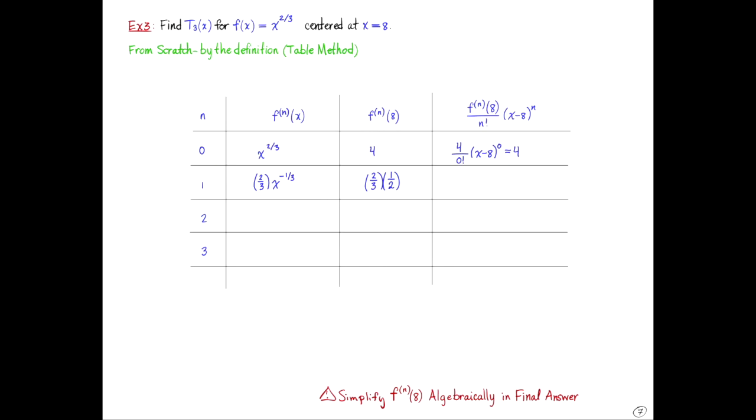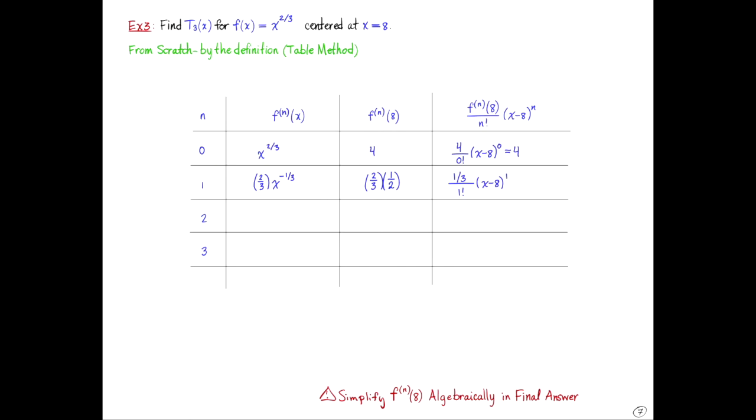I like to leave it in its unsimplified form in this column so it's clear where our numbers are coming from. And then in the last column, I like to simplify. So our first derivative at 8 is 1/3 over 1 factorial times x minus 8 to the first power.